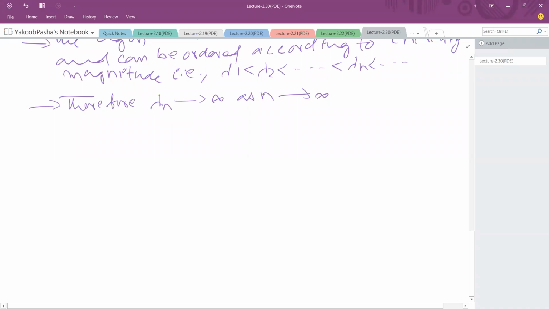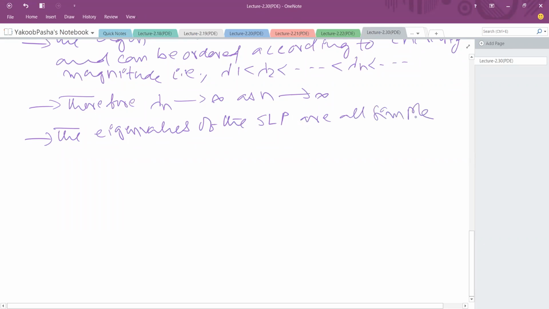And the eigenvalues of the SLP are all simple.